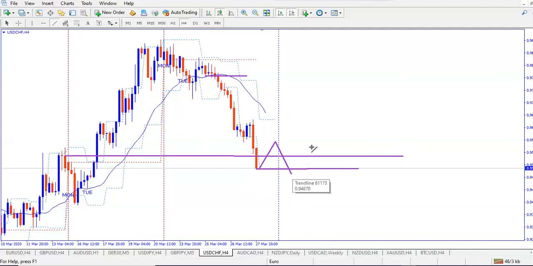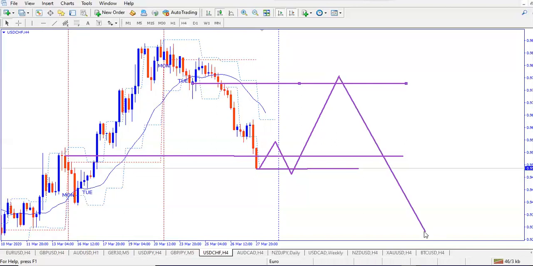Then you start looking for your 3-bar play. Come all the way back up into this area before next week comes all the way back down. That's what I'm anticipating.